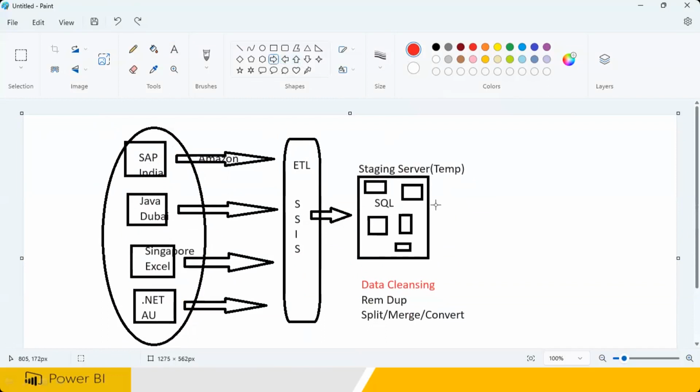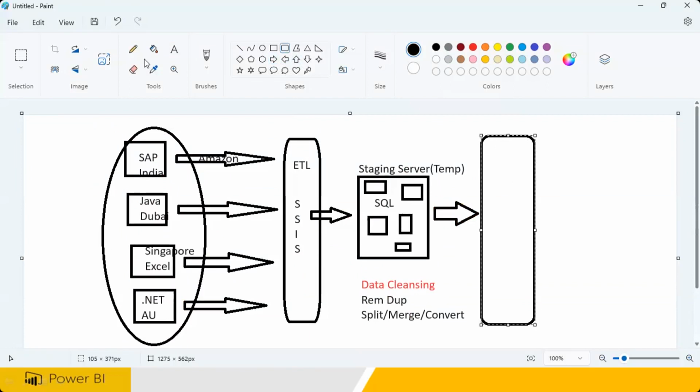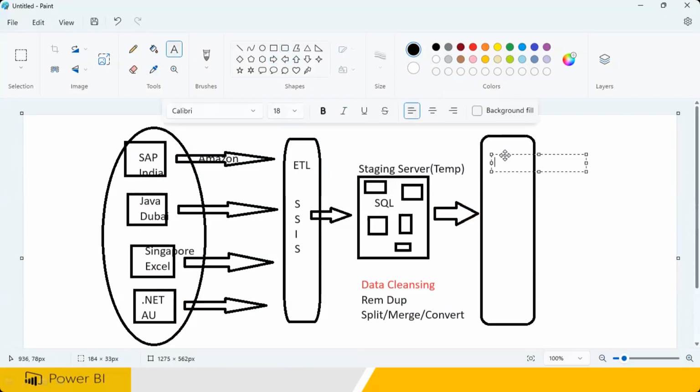The cleaned vegetables from here again go to the final destination. The final destination will be your refrigerator. So again, ETL is going to be used here to get the data from this server. Again, I'm going to use this software.